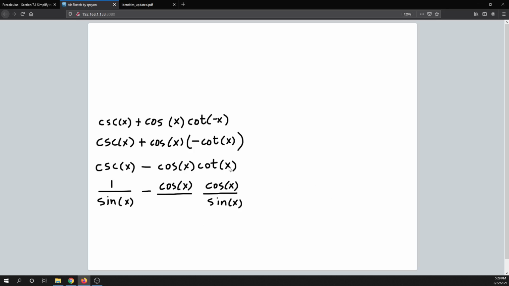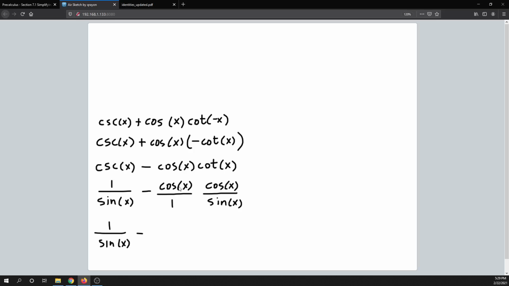All right, so now you can see that introduces some fractions in there. I can rewrite this cosine as being over 1 if I like, right? And so then to carry out that multiplication over here, I have two fractions that are being multiplied, right? And so I need to do that first.